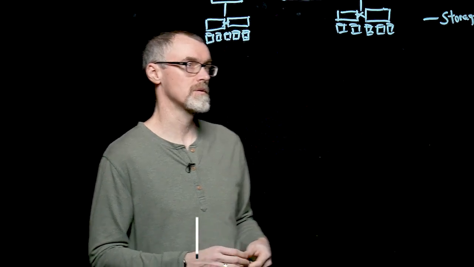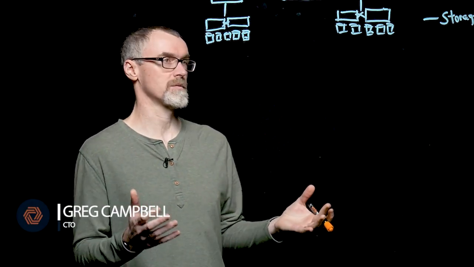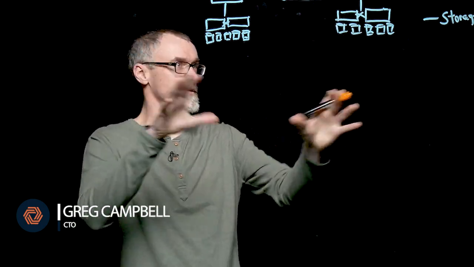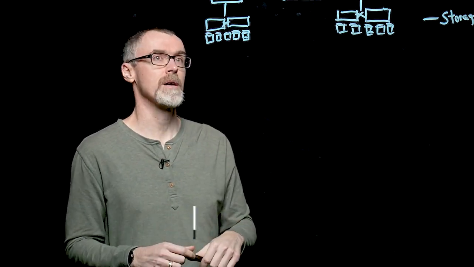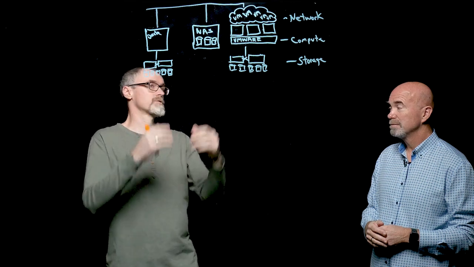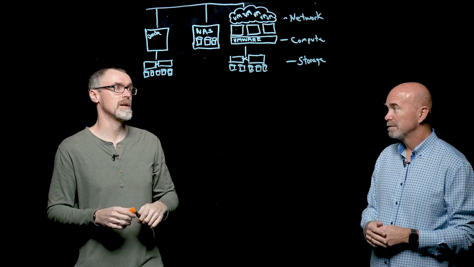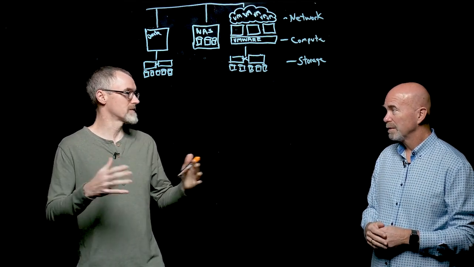Sure, yeah. So the goal of the Verge operating system is to basically turn all of these components into software, right? Even in a virtualized environment where we've done some hardware abstraction, it doesn't take care of everything. The data center is complicated.